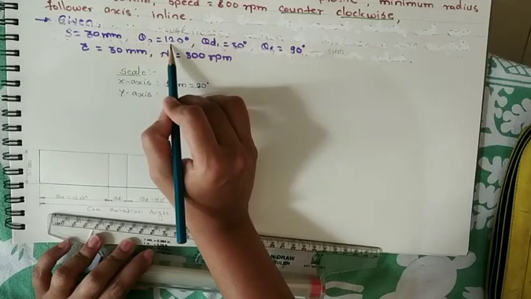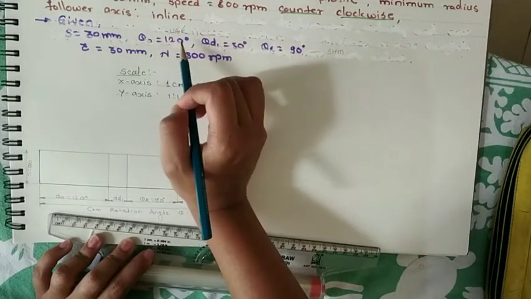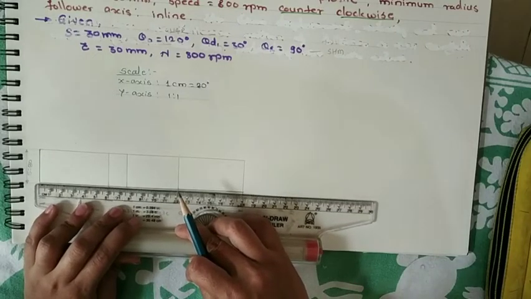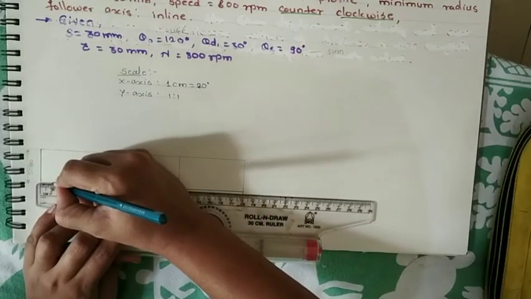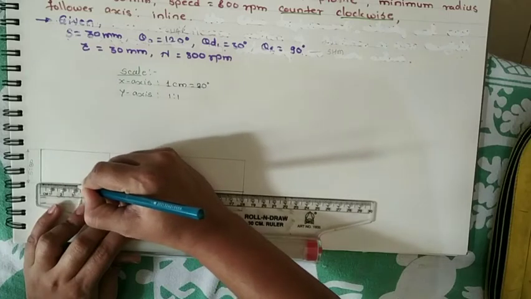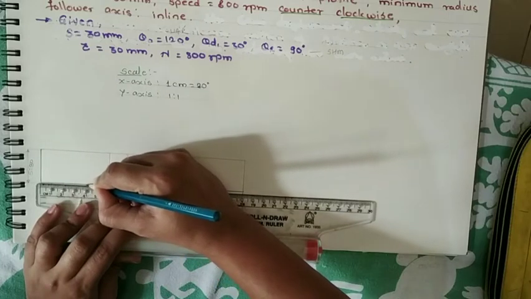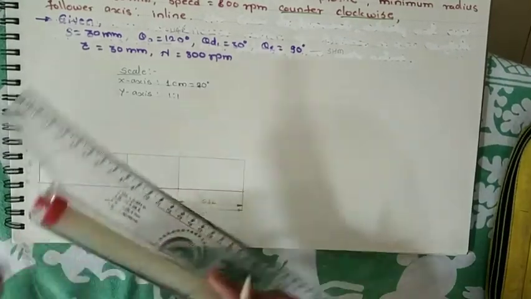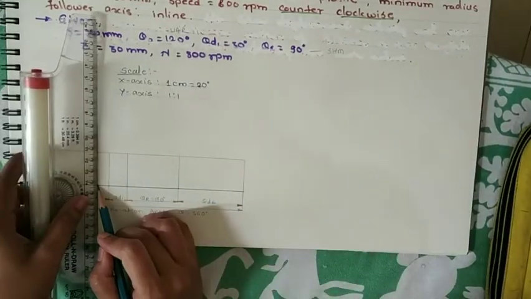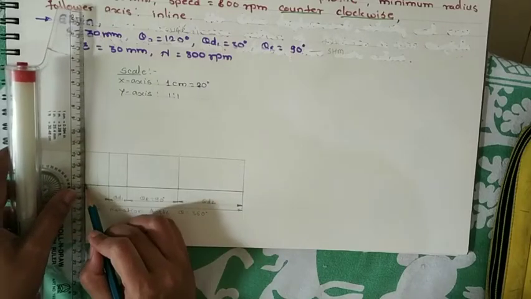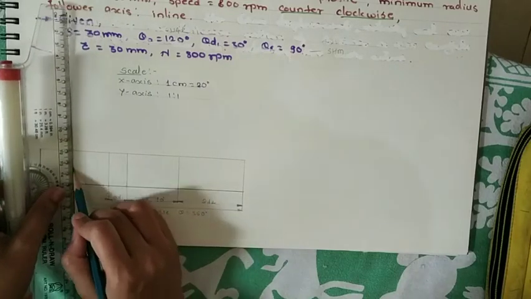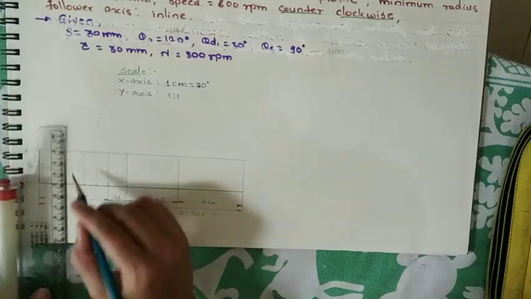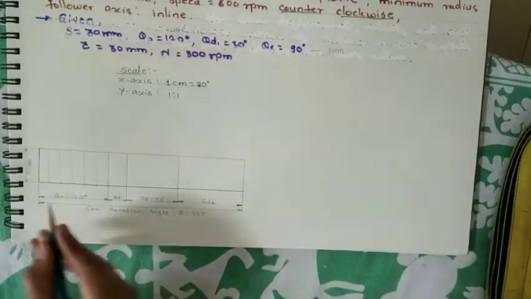As we know, for the outstroke the motion is uniform acceleration and retardation, so let's divide this angle into an equal even number of parts. As this distance is 6 centimeters, let's divide it into 6 parts and draw the vertical lines.